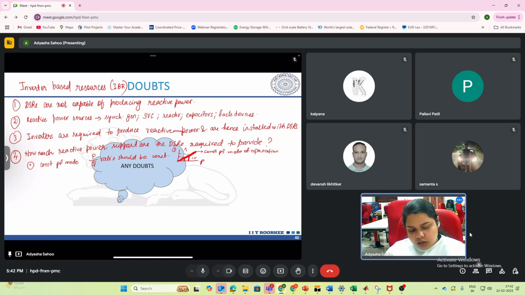Or the other kind of mandate tells that DRs must provide at least 44% of its maximum rated active power capacity.